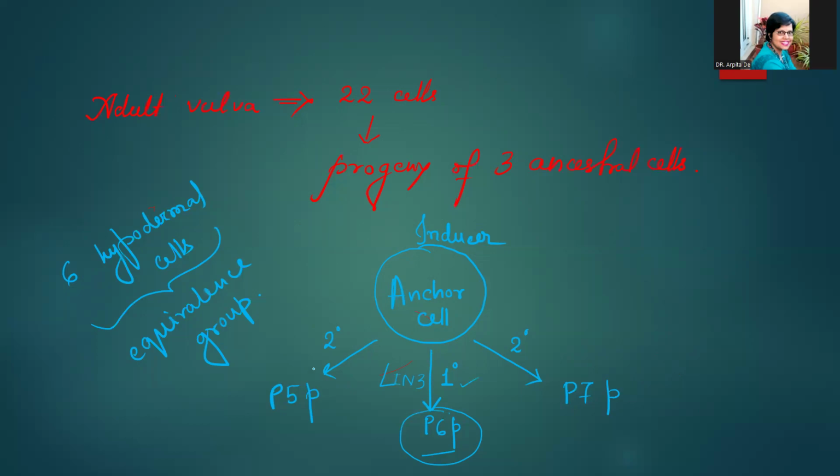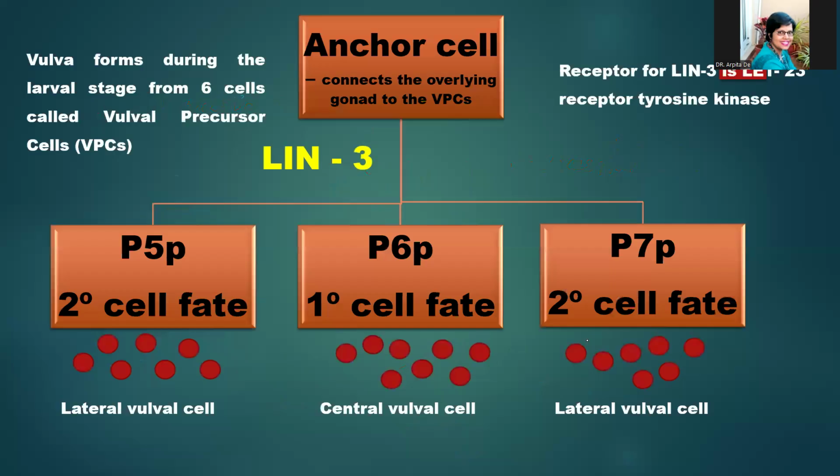These two, P5.p and P7.p, are a little far away, so they adopt secondary fate. They are the lateral vulval cells, and this one is the primary vulval cell.